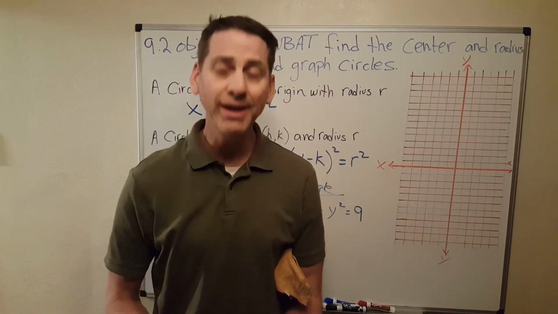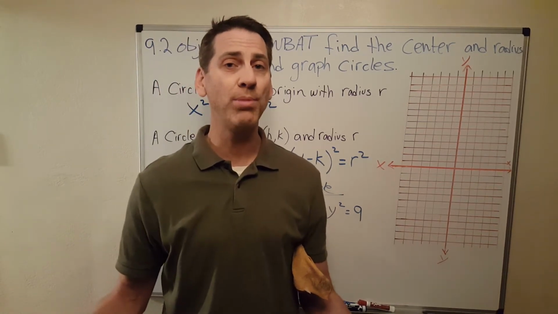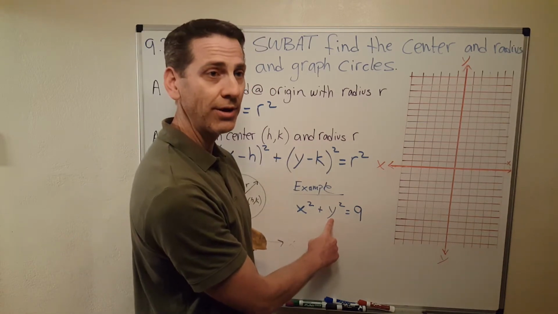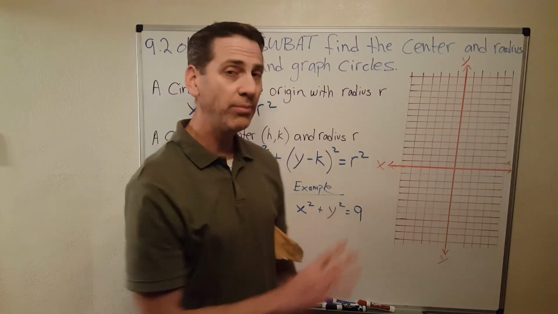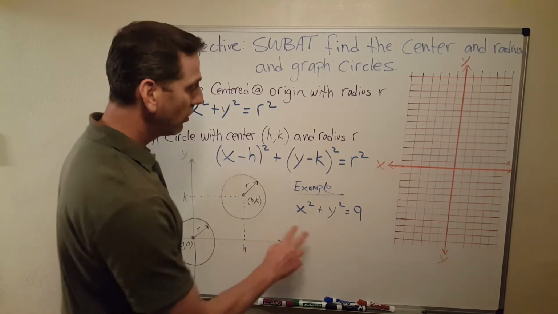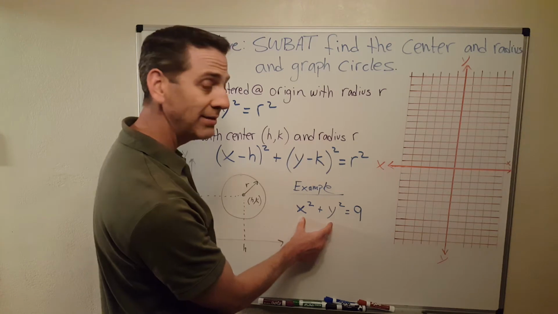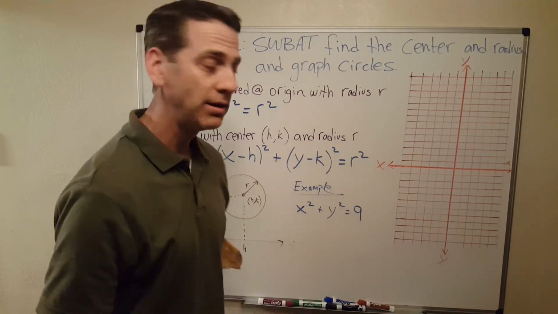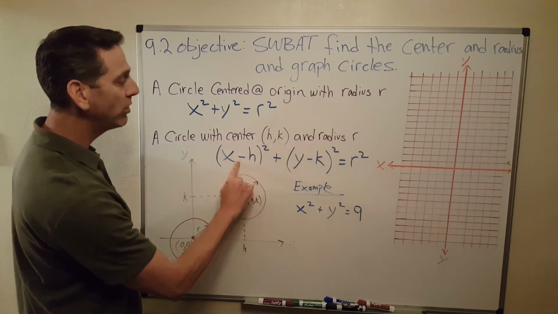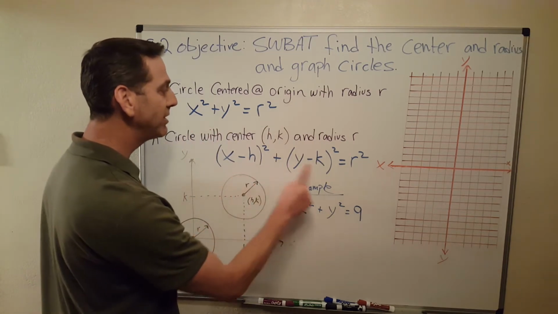I know immediately that this is not a parabola, because it's got this y in it. So I know I'm dealing with a circle. I know that this is centered around the origin because there is no horizontal shift. See this h and that k?